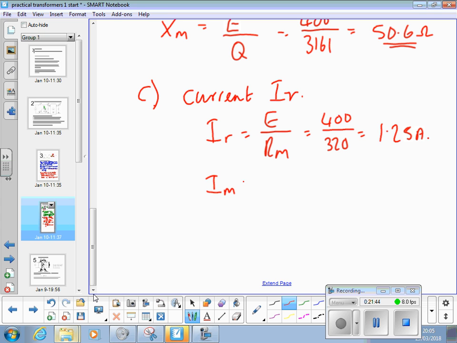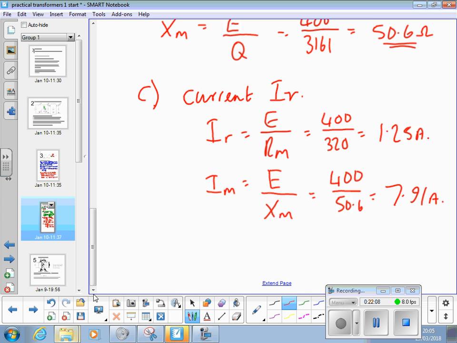And IM is E over XM. 400 over 50.6 equals 7.91 amps.